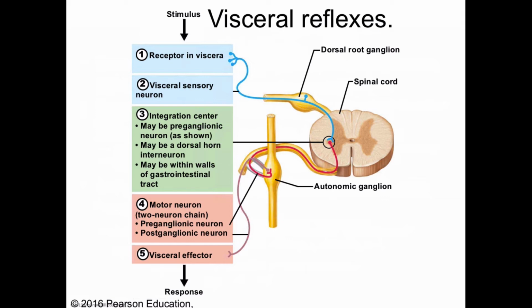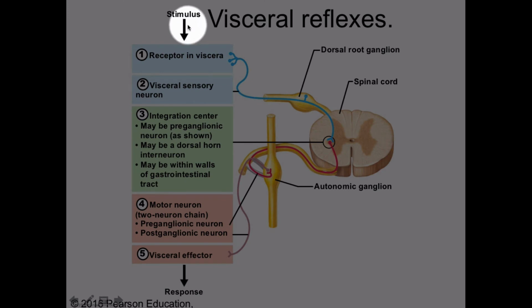Okay. Stimulus, class. From that stimulus, we have a receptor. The receptor is here, and it moves that information along this sensory neuron. We get to the dorsal root ganglion, and eventually here into the integration center. From there, there might be an interneuron here, and it may not be.